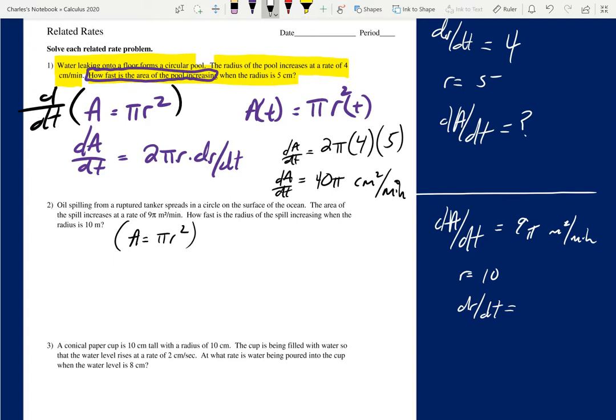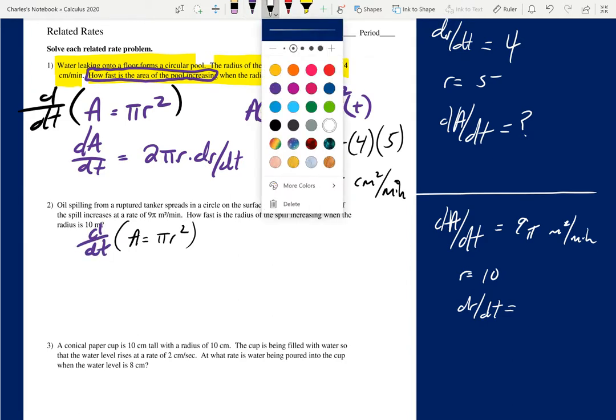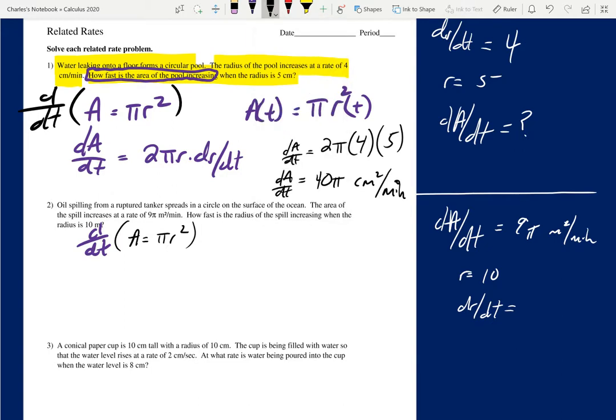It's going to work pretty similarly to the last one, where I'm taking the derivative of the whole thing with respect to t, and I'm going to get A prime is equal to 2 pi r r prime. I'm just showing you that either of these forms of notation is fine, dA/dt or A prime.